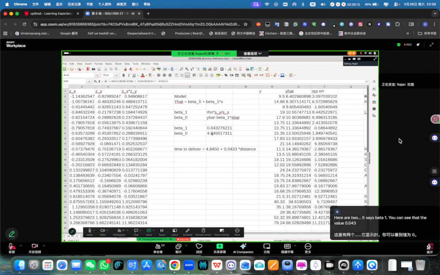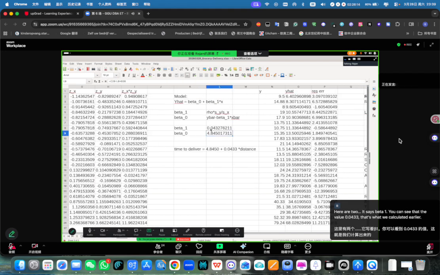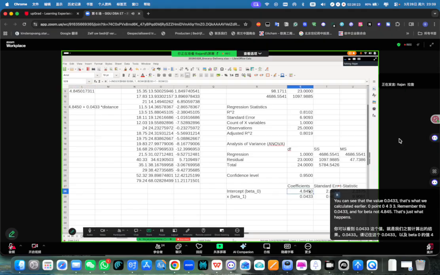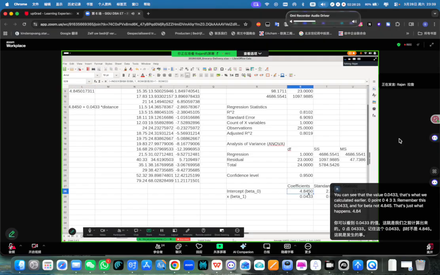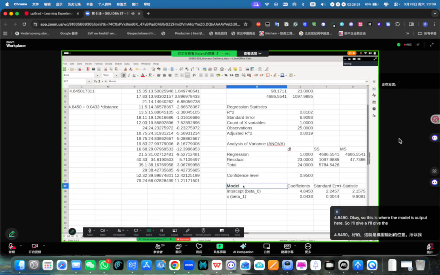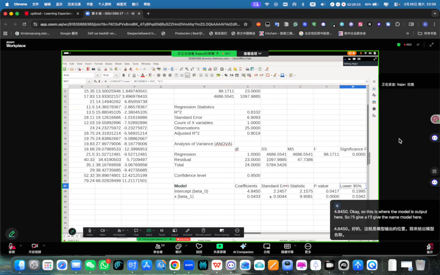That's what we calculated earlier. Remember this 0.0433. And for beta naught, 4.845. Let's check what happens. 4.8450. So this is where the model output is. I'll give the name model here. And there are a few other things. We'll come to that in a short while.